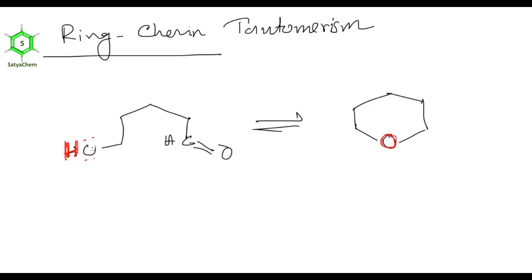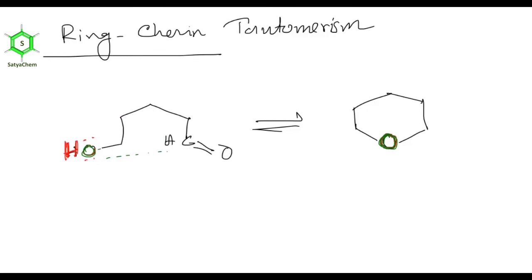Clear? I'm marking this oxygen in green. It will be better to understand. Clear? This is the new bond. Then 1, 2, 3, 4, 5, 6, a six-membered ring. Clear?